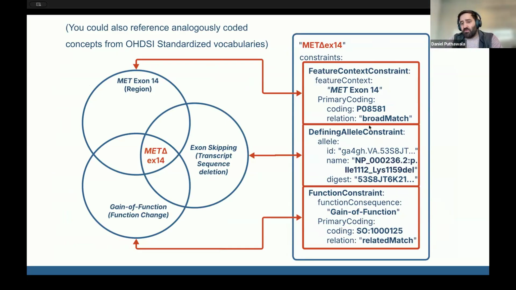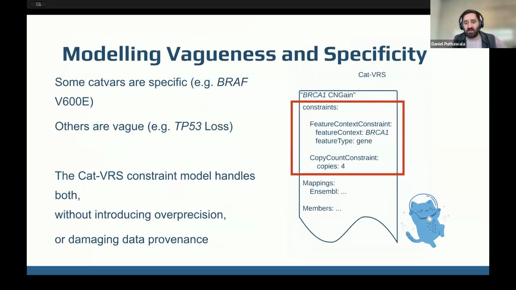We can put in the coding here. We can put in the relation. If you don't know what that means, you just say, well, all I know is it's this thing called MET exon 14. You would put that top bit on, and you wouldn't be any more detailed than that. And so when someone accesses that record down the line, they know that they can't be any more specific because the underlying evidence item that you took this from wasn't any more specific than that. So that's a nice feature of this.